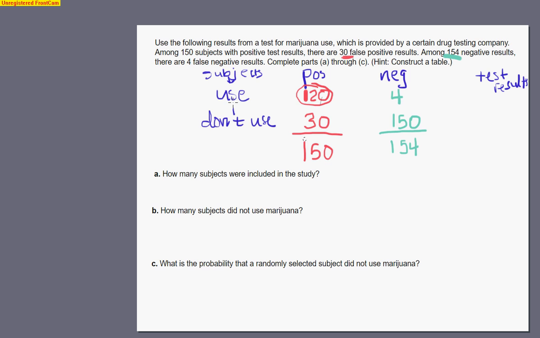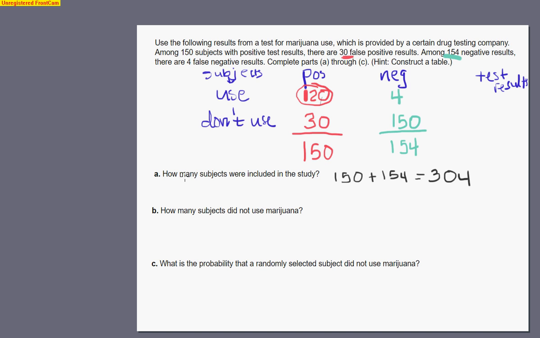We know that 150 people tested positive, 154 tested negative, and that includes everybody, the users and the non-users. So if we add 150 plus the 154, we will get 304 people that participated in the study. So that would be our total.